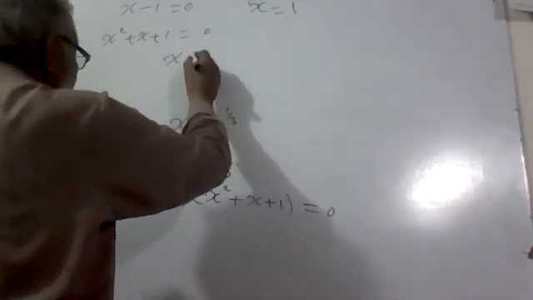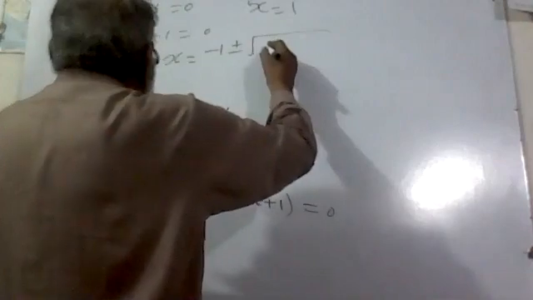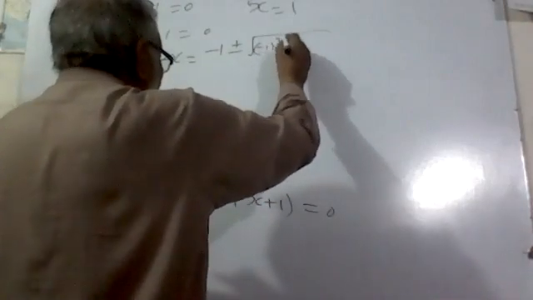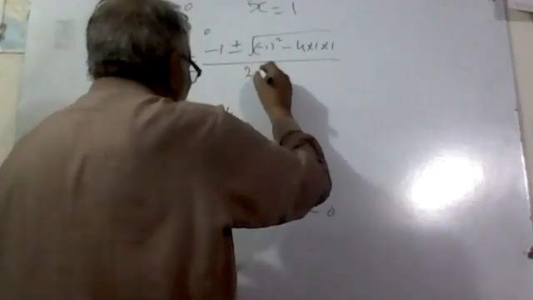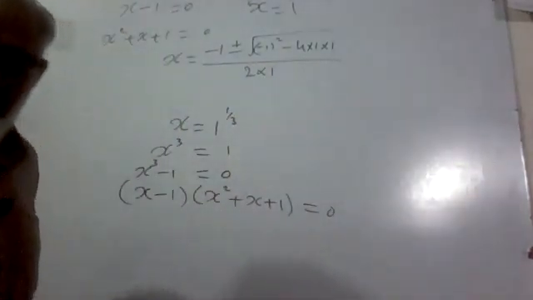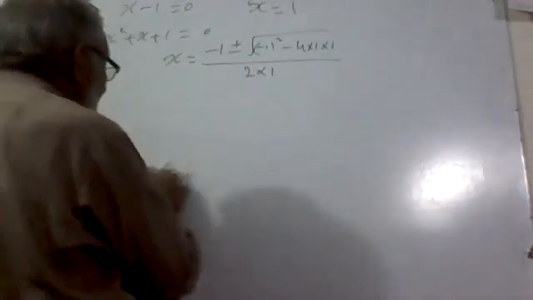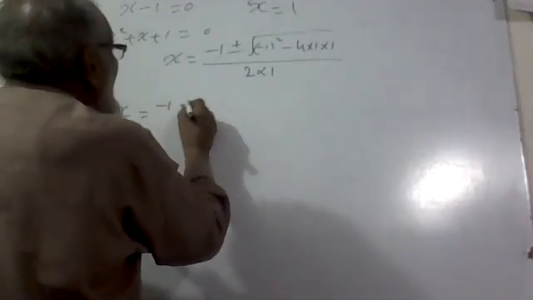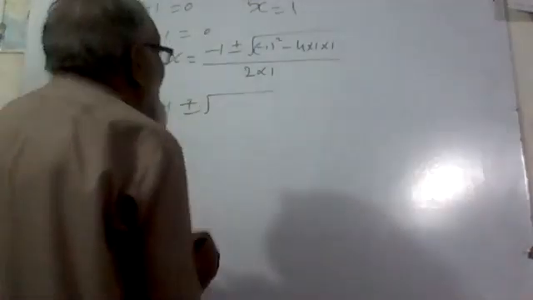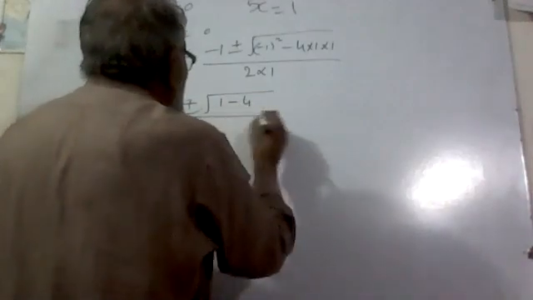And this gives me x is equal to minus 1 plus minus under root minus 1 square minus 4 into 1, divided by 2 into 1. This is again equal to x is equal to minus 1 plus minus under root 1 minus 4 over 2.